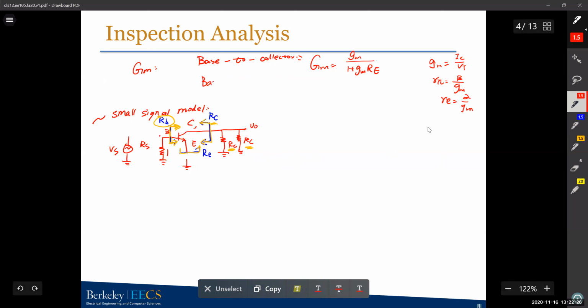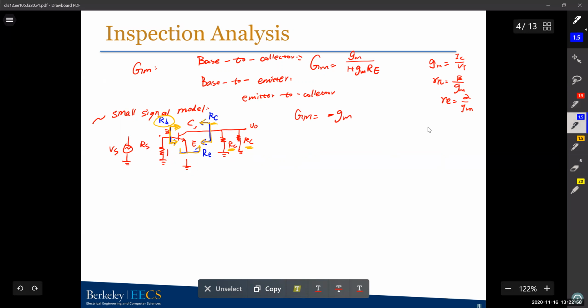And your base to emitter, it has another GM, but we'll leave it to later. And the emitter to collector. So you find the gain between emitter to collector. And your GM will be negative GM.